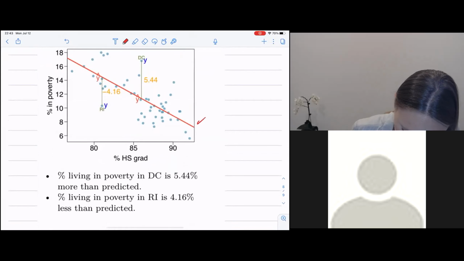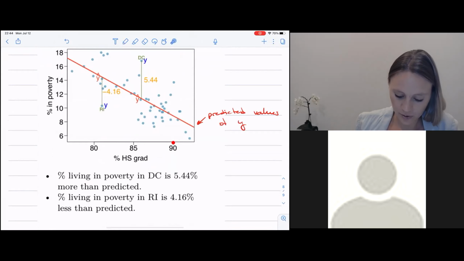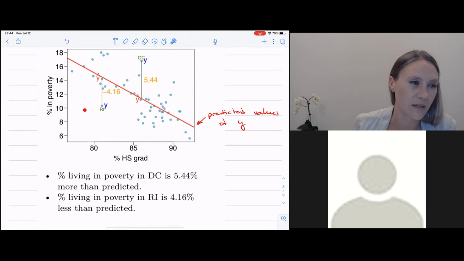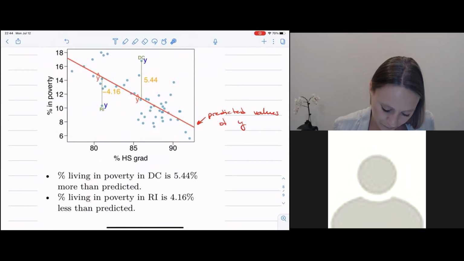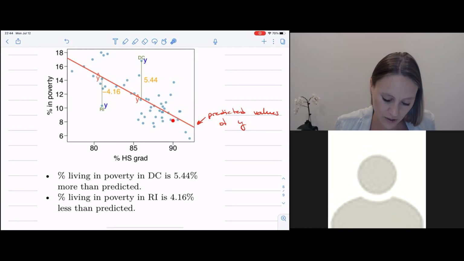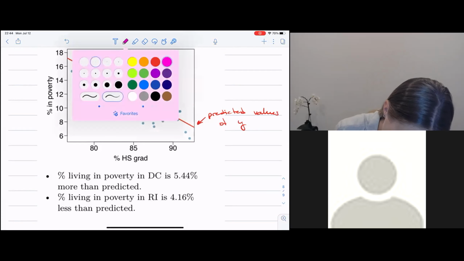And so these would be the predicted values of y, right? The predicted value of y when x is 90 is roughly, I don't know, somewhere between 8 and 10. Kind of lost my line there, but if we look here, there was an actual data point at 90, right?